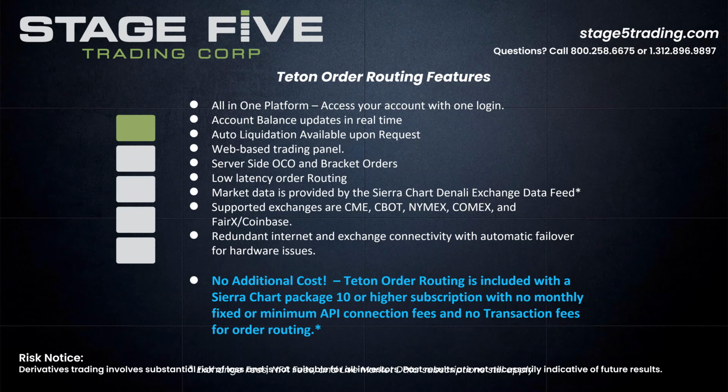Right. Okay. So with our Teton order routing, that's part of Sierra Chart. You just have one login to your Sierra Chart platform, your username, your password, and there's no other secondary username or password to connect to the trading server. Your broker grants you access to the trading server and your trading account, and that's it. You just use one login.